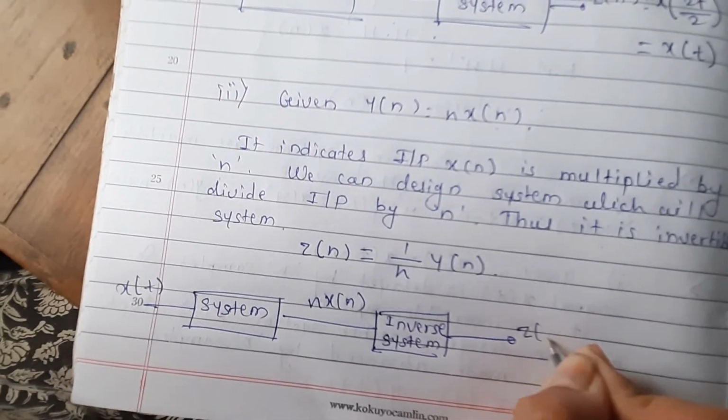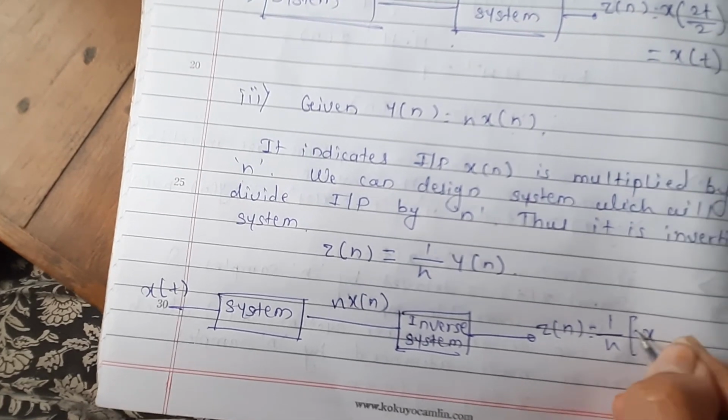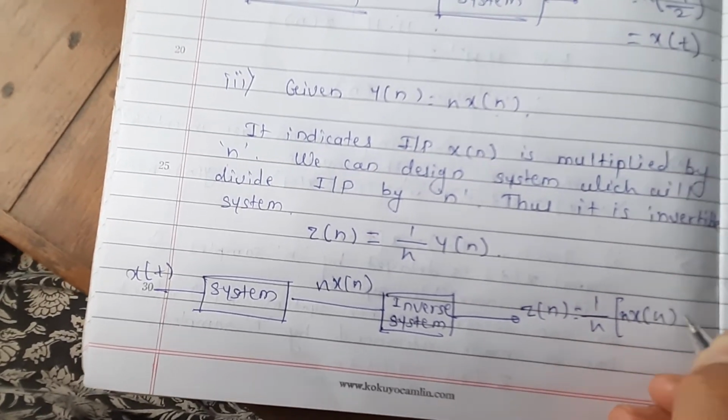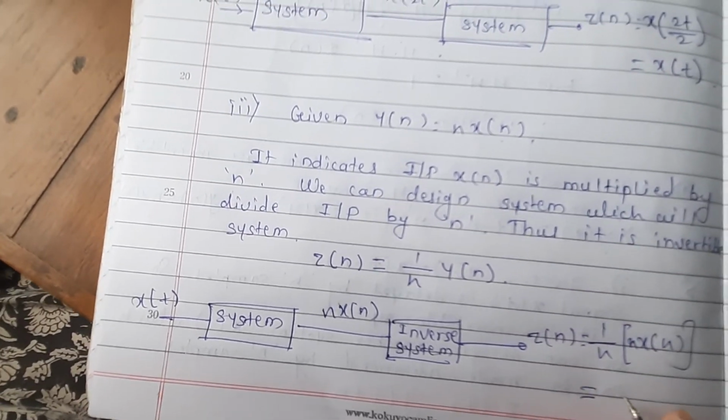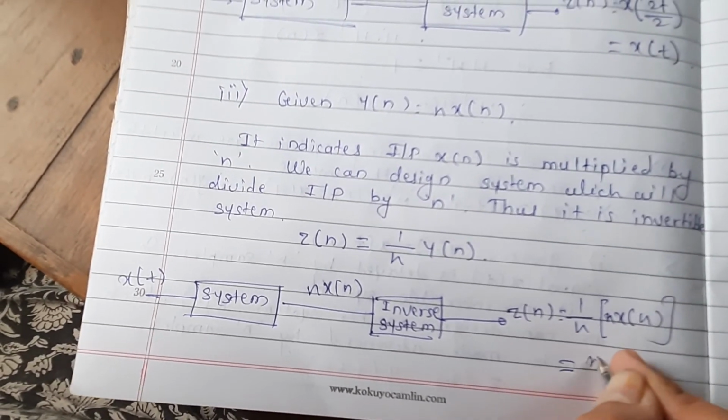So z of n is equal to 1 by n into n x of n. So that is equal to x of n.